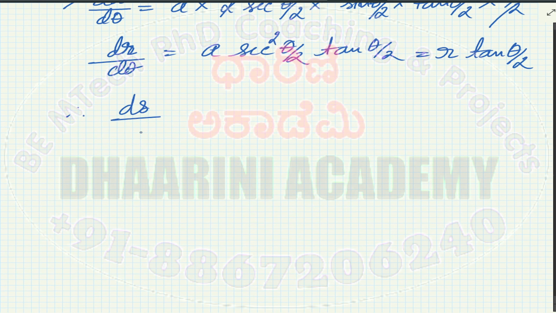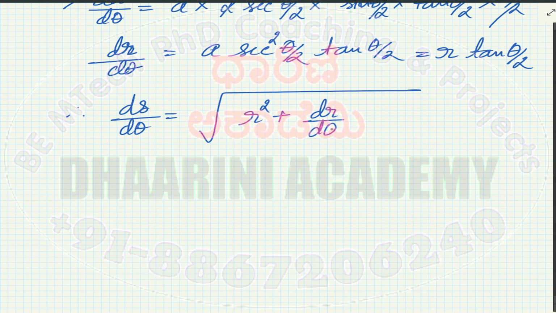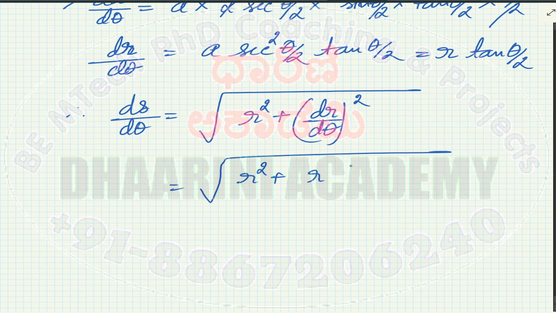We know the very standard equation, this is equal to square root of r square plus dr by d theta the whole square. I'll substitute. So this is r square plus, what is dr by d theta? That is r tan of theta by 2, the whole square.